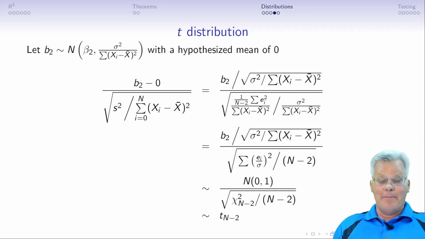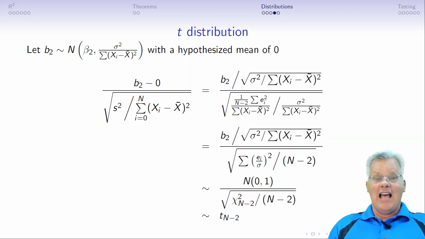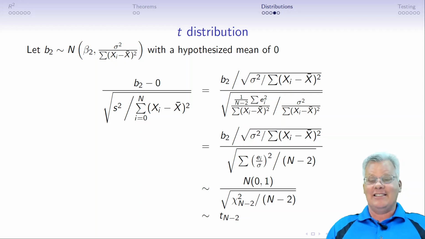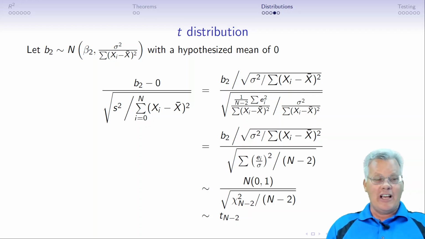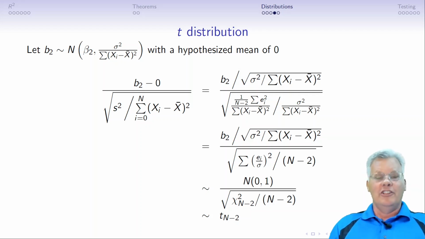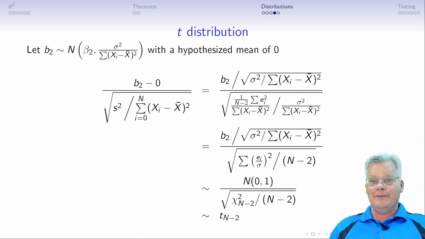It has n minus 2 degrees of freedom. So what I claim then is that this hypothesis test statistic follows a standard t-distribution because it has a standard normal random variable in the numerator, and in the denominator we have the square root of a chi-squared random variable divided by its degrees of freedom.